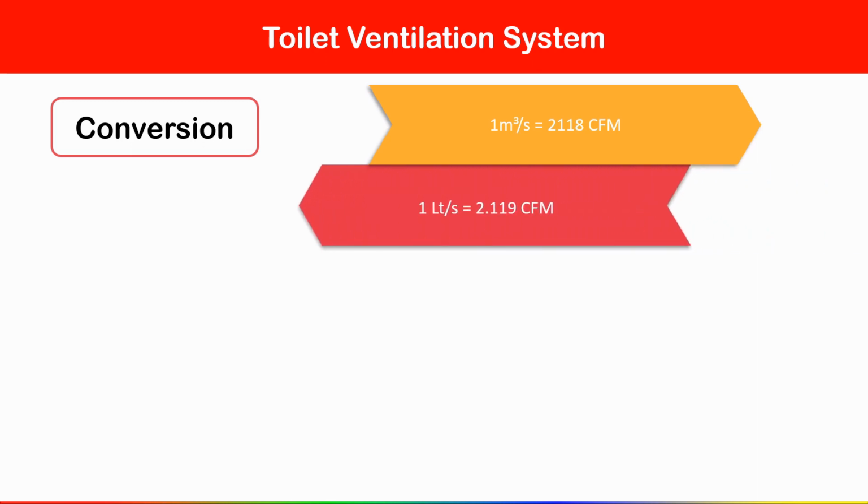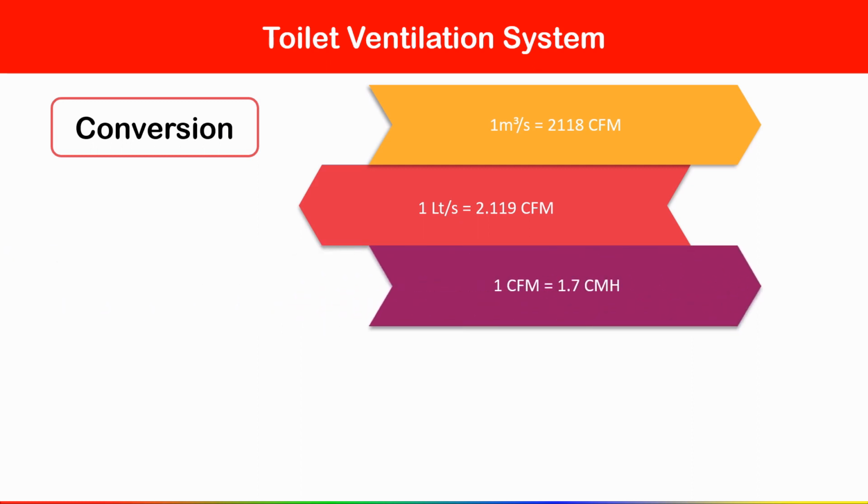And 1 liter per second is equal to how many cfm? 2.11 cfm. Correct. Now the third conversion: 1 cfm, means 1 cubic feet per minute, is equal to how many cmh, cubic meter per hour? So 1 cubic feet per minute is equal to 1.7 cubic meter per hour.